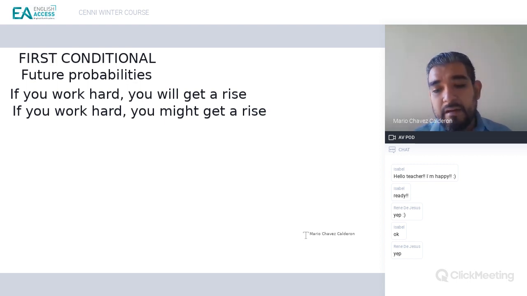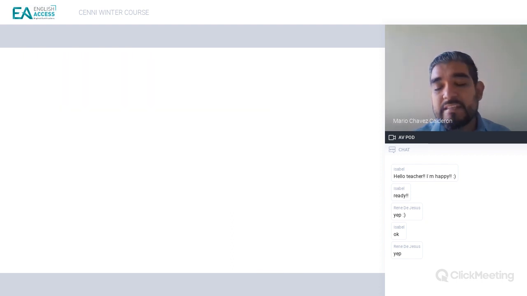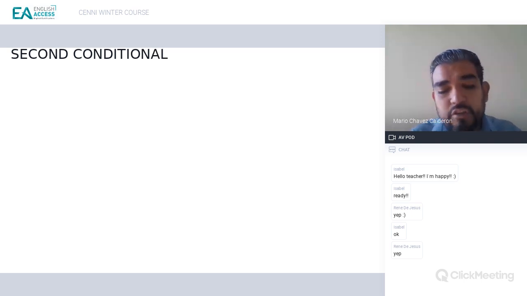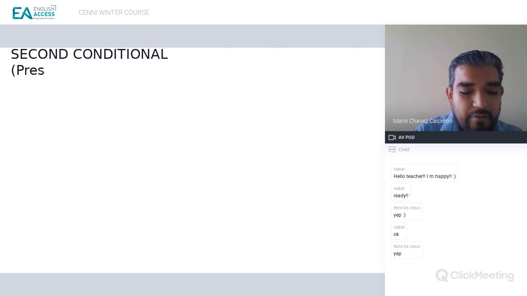Now, let's go to the next one, which is the second conditional. The second conditional is also called the present unreal.